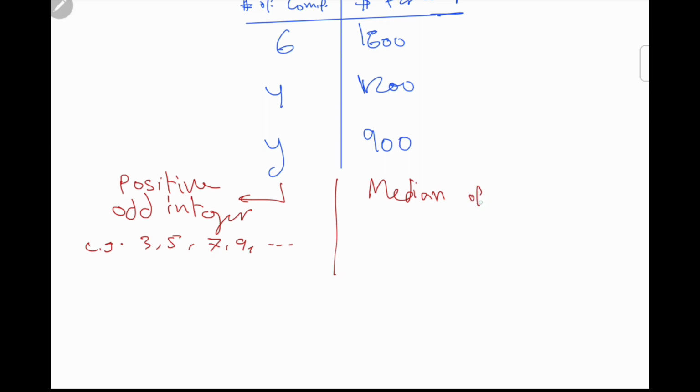The median of n values, let's call them x1, x2, x3 up to xn.